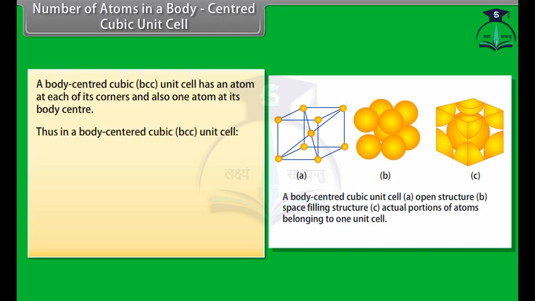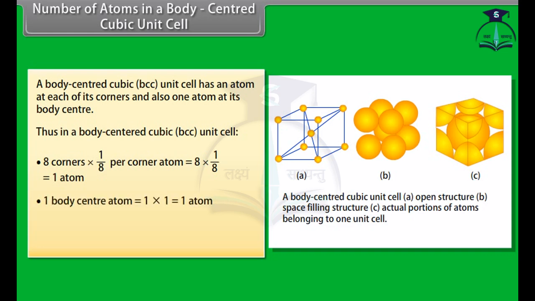Thus, in a BCC unit cell, 8 corners into 1 upon 8 per corner atom is equal to 1 atom. 1 body center atom is equal to 1 into 1 equals 1 atom. Therefore, total number of atoms per unit cell is equal to 2 atoms.